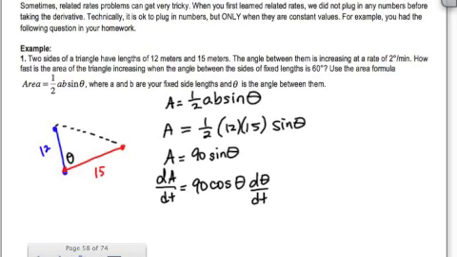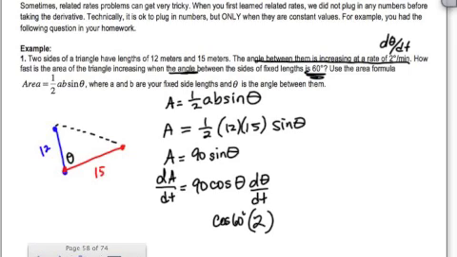All right. So we know that the angle between them is increasing at a rate of 2 degrees per minute. That is d theta over dt. So 2. It says, well, what happens when the angle is exactly 60 degrees? So at that particular moment, when it's 60 degrees, you're finding dA over dt.